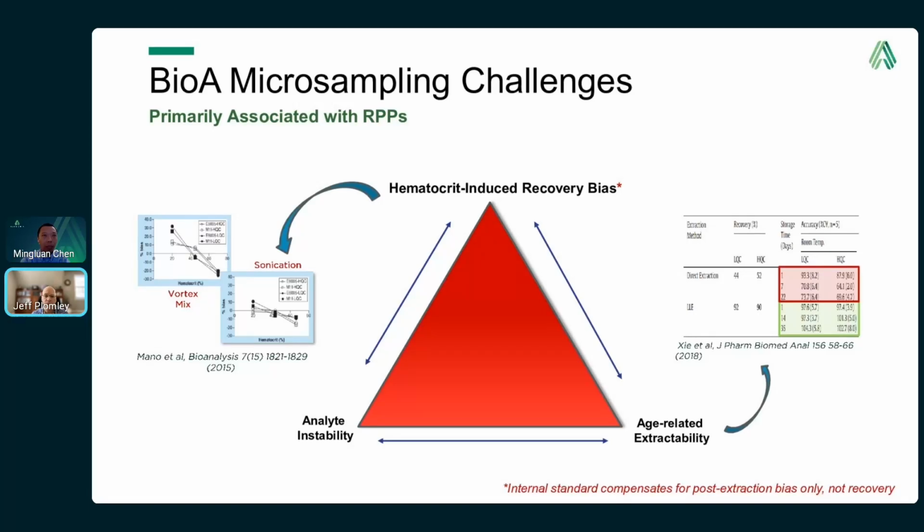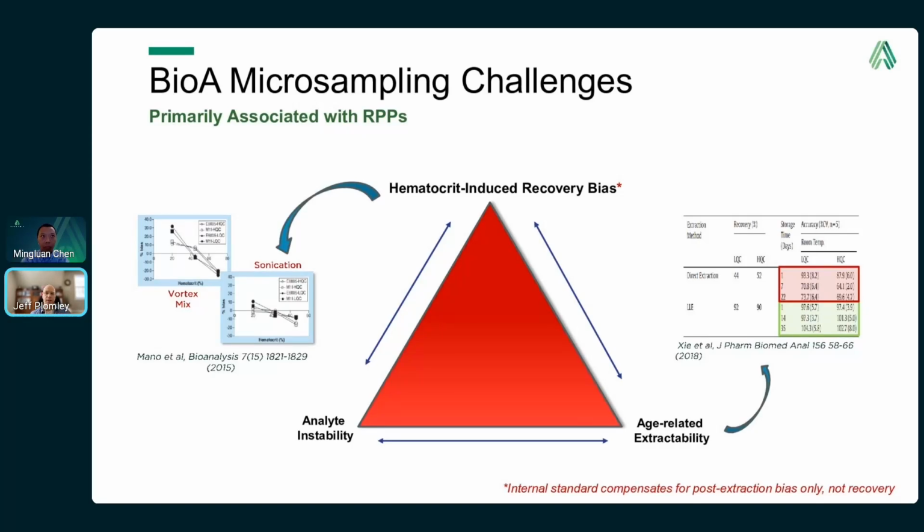And this was first identified by Chi et al. at the Merck lab, where an initial direct extraction approach led to a 20% reduction in response for microsamples that had aged 7 days when compared to 24-hour storage. And then when they went to a more aggressive sample preparation approach, involving vortex mixing, sonication, and liquid-liquid extraction, they achieved consistently high recovery, regardless of the age of the microsamples, up to 35 days titrated.